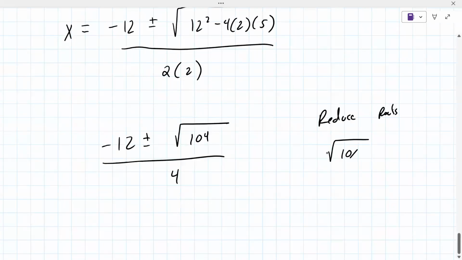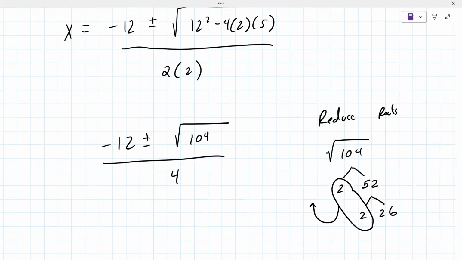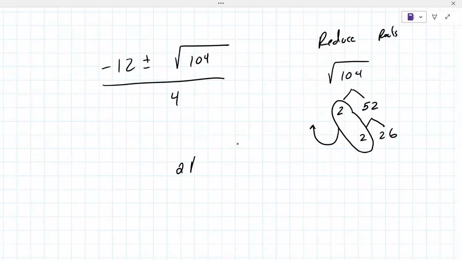Let me show you how to reduce this root. You start with 2. 2 times 52 is 104. And then you try 2 again. 2 times 26 is 52. Because there's a pair of 2's, the 2 comes out. So the square root of 104 becomes 2 square root of 26.